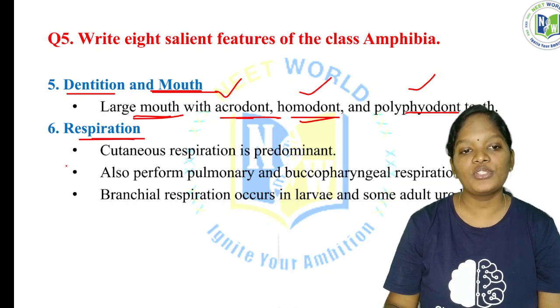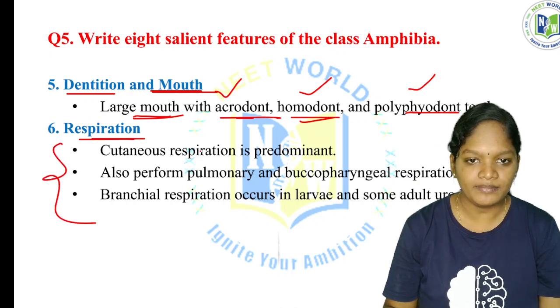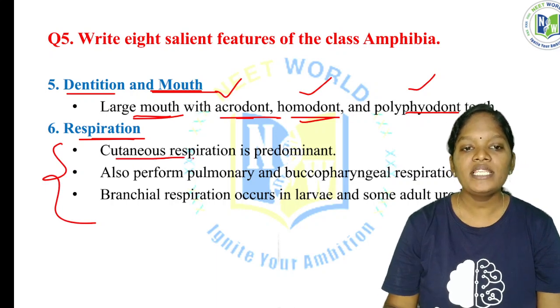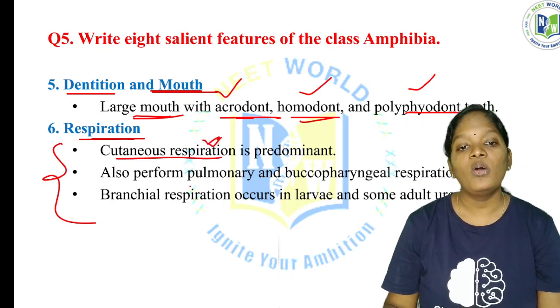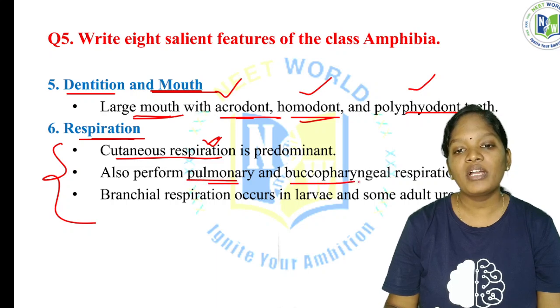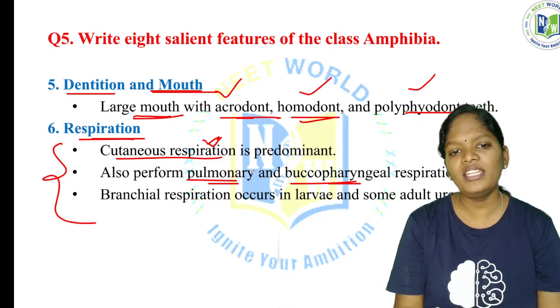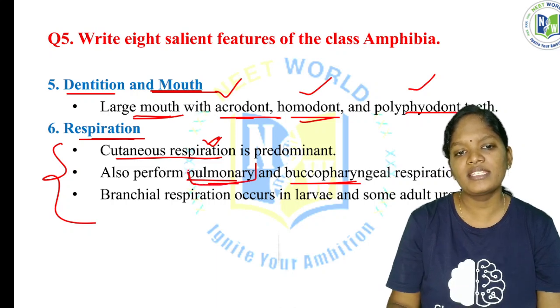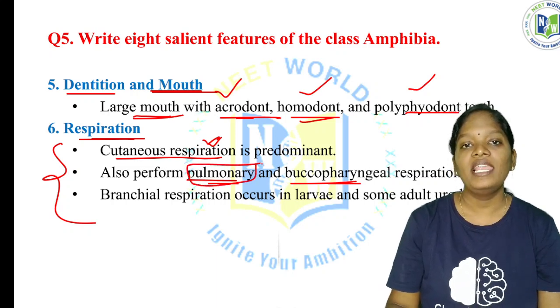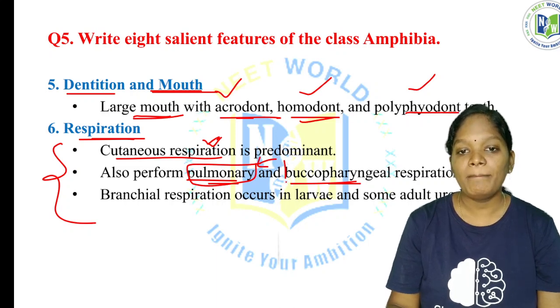And respiration, another important thing. Cutaneous respiration is also seen in amphibians. They also perform pulmonary and buccopharyngeal respiration. Pulmonary means lungs; the lung is a respiratory organ, so this is pulmonary respiration.